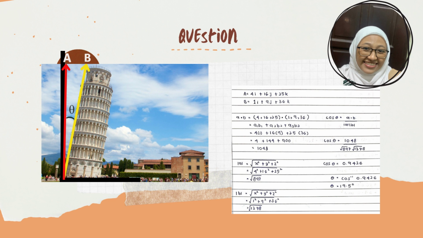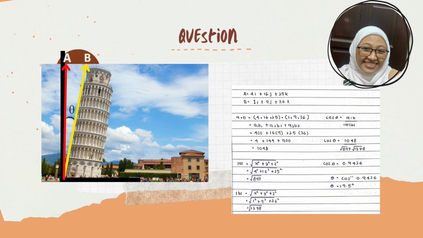After that, we need to find the magnitude of A and B. The formula is square root of x squared plus y squared plus z squared. So it will be square root of 4 squared plus 16 squared plus 25 squared, equal to 897. Then the magnitude of vector B is square root of 1 squared plus 9 squared plus 36 squared, equal to 1378.